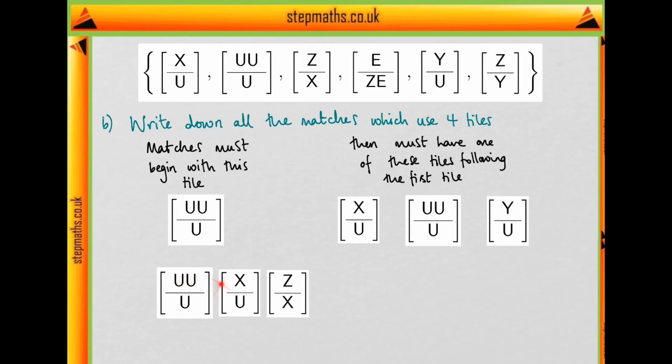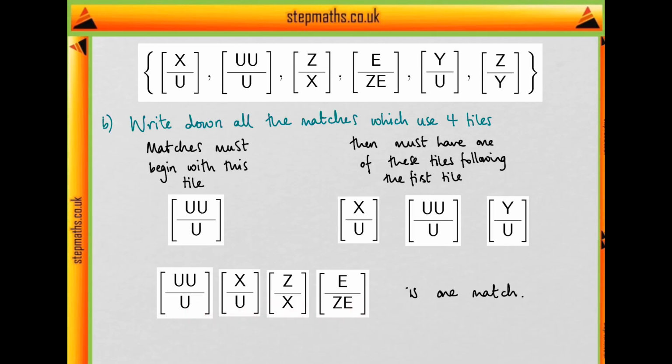And now we have UUXZ on the top, so we're going to need a Z to follow this X on the bottom as well. So the only tile with a Z on the bottom is this one. So we're going to want to put that next. And we see that this indeed is a match, because we have UUXZE on the top and also on the bottom.